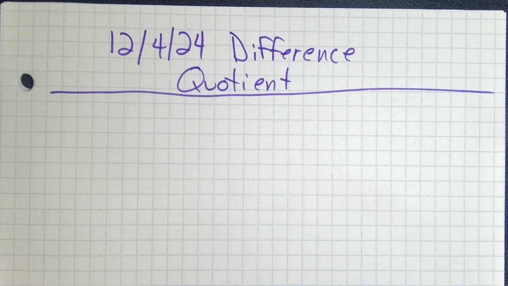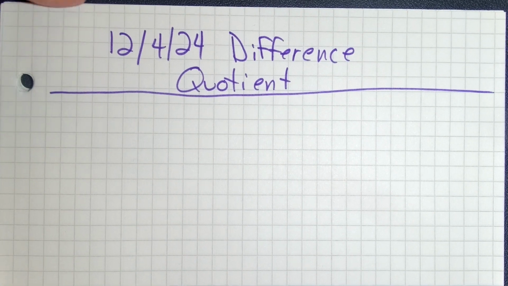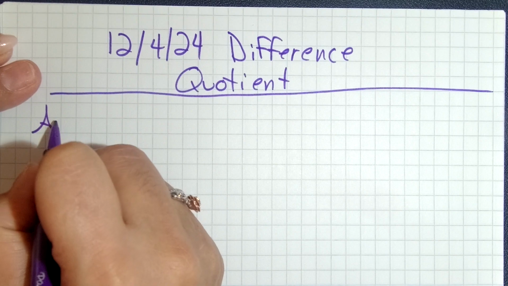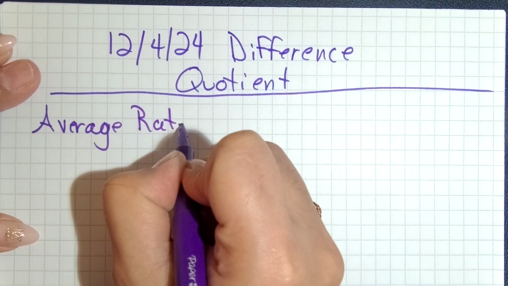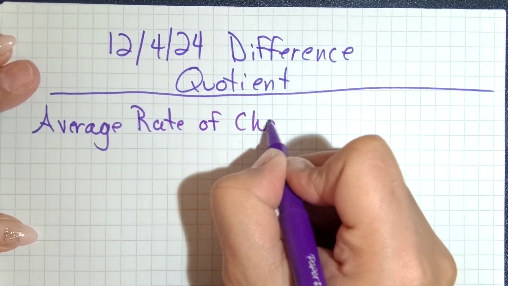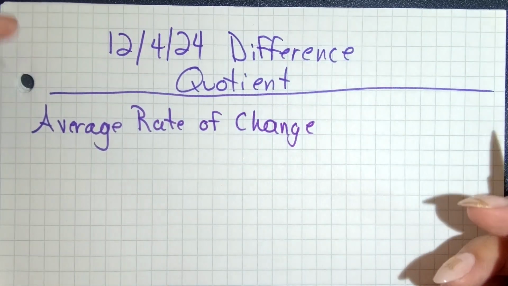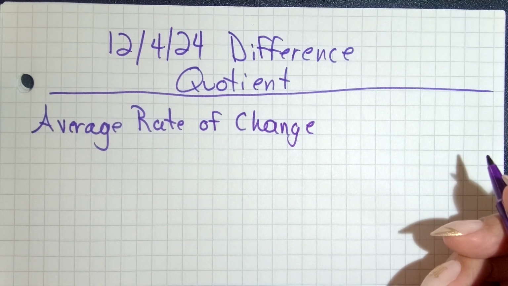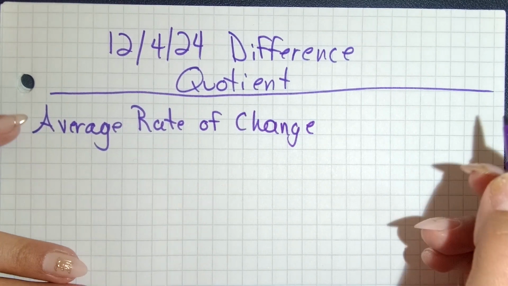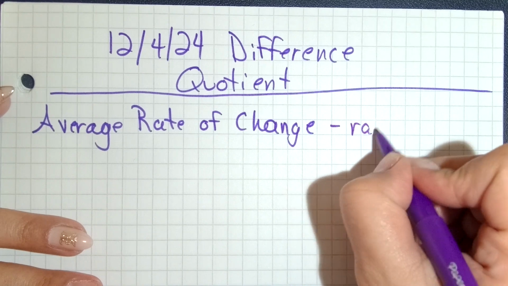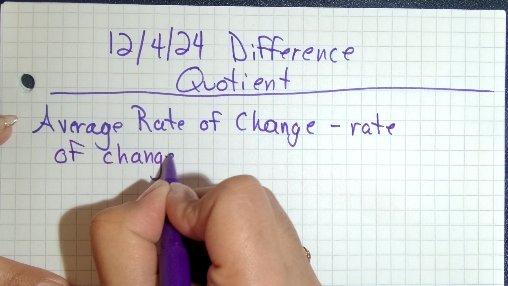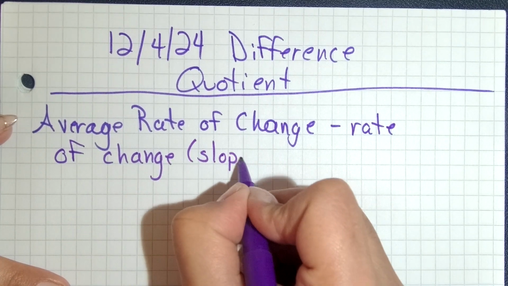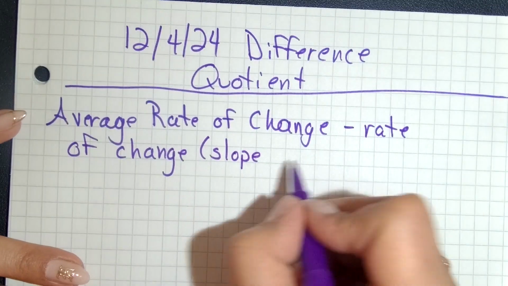Okay. So we've got some new and old vocabulary. Average rate of change. We talked about this. We did this over the last couple weeks and before break. Remember, the average rate of change is the rate of change or the slope. Please let me know if I'm going too fast, okay?